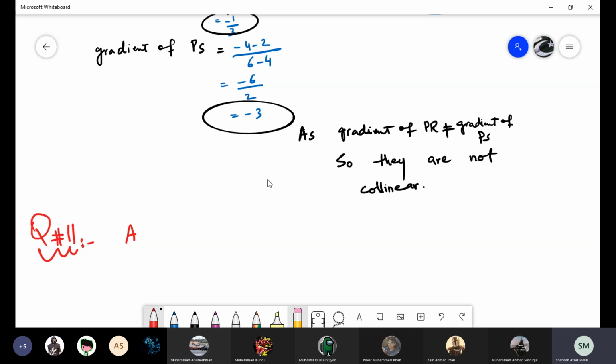A is -1 and -3. B is 2 and 3. And C is 6 and K.